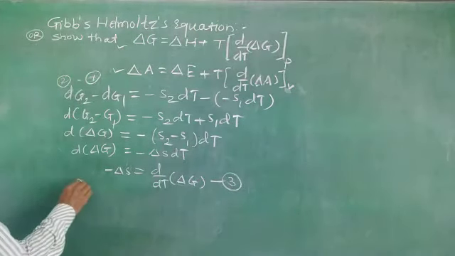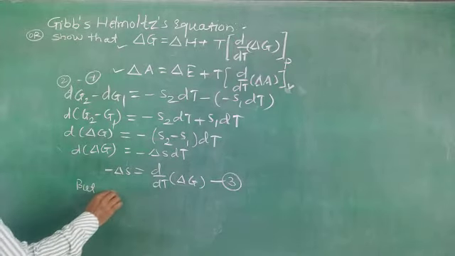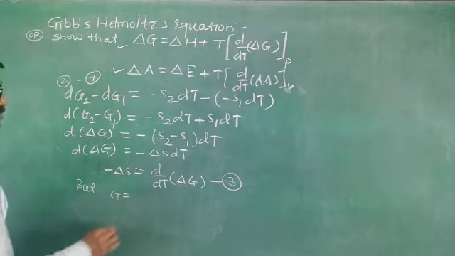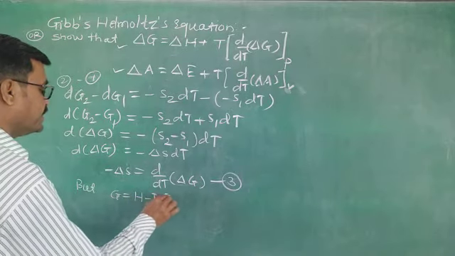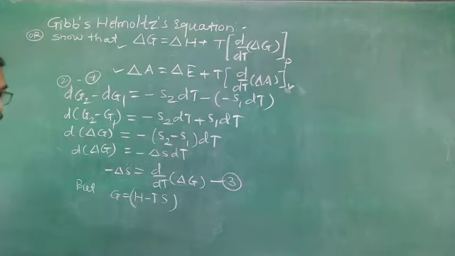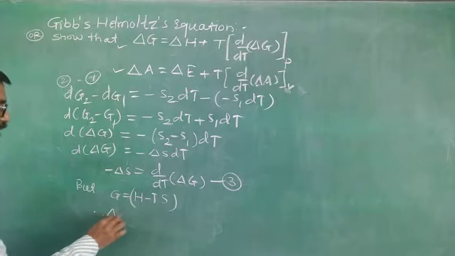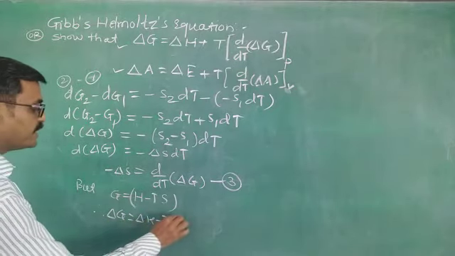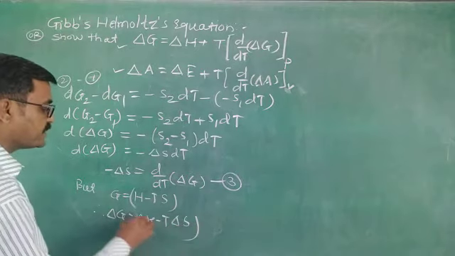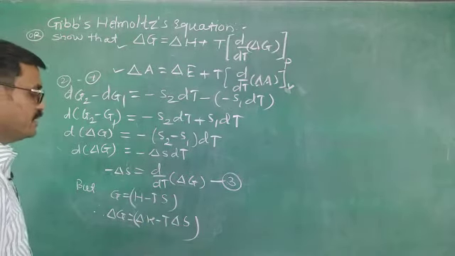But we know that G is equal to H minus TS. That's why delta G is equal to delta H minus T delta S. Okay.